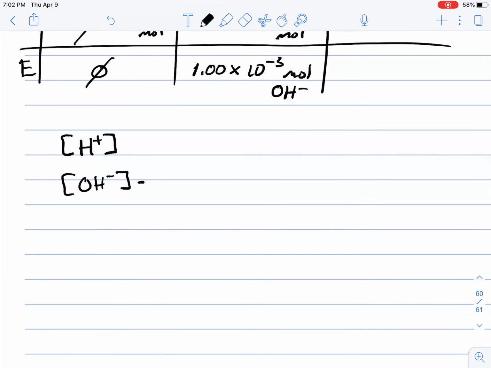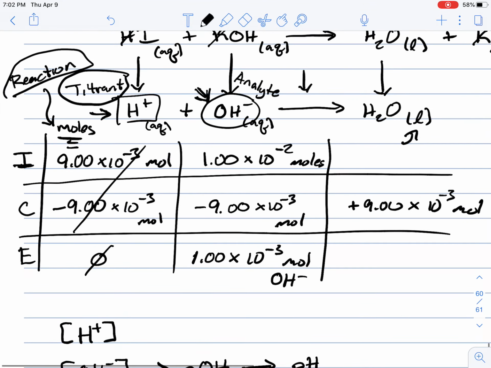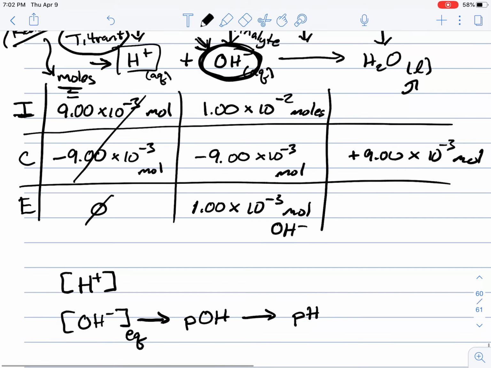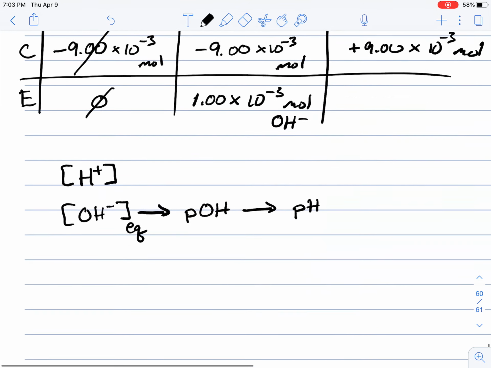If I have the equilibrium concentration of my hydroxide, then I can figure out the pOH by taking the negative log of it, and then 14 minus pOH is going to give us the pH. It's okay that you don't have any hydrogen ions remaining and we only have the hydroxide. We can figure out the pH just from using that value.